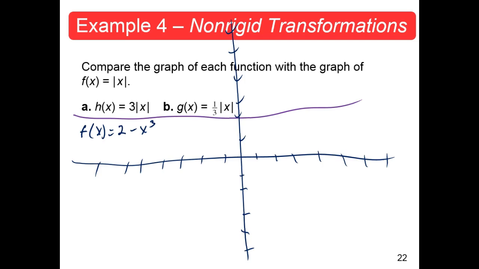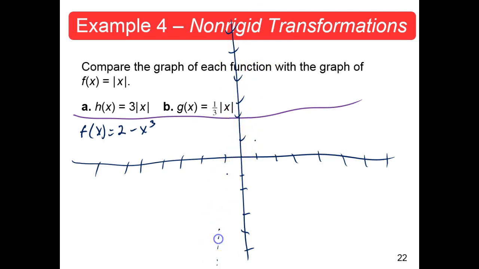What we're going to do is start with the parent function here, which would be x cubed. We have a long way to go before we even start changing it. So x cubed would be 0, 0, 1, 1, 2, 8, and minus 1, then minus 8.